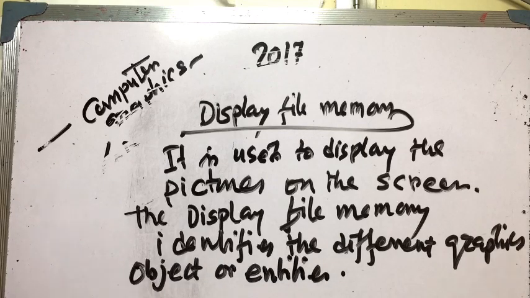So it is used to display different objects or entities. So this is the memory part of the graphics display processor.